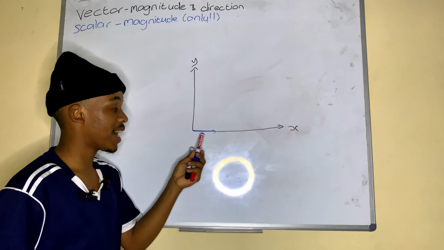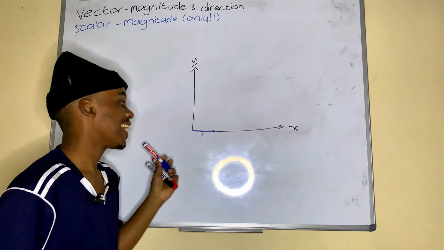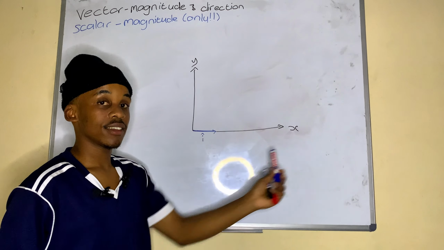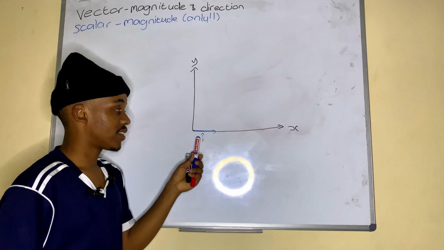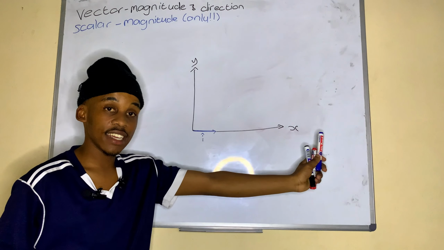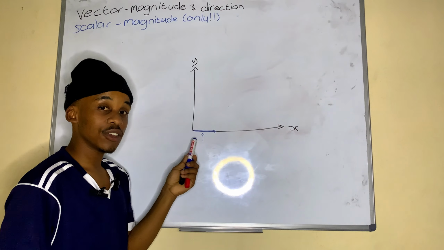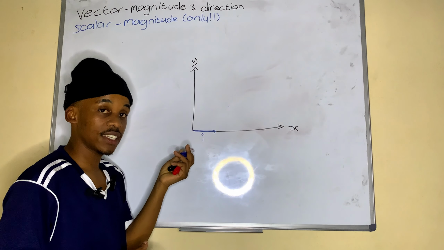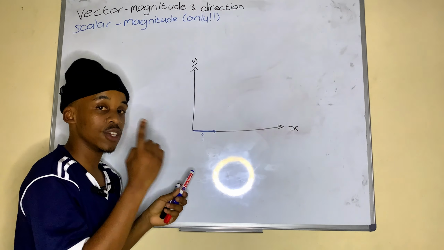This unit vector lies along the x axis. And so it shows us that the direction is along the x-axis, and since we've said that it's a unit vector, it means that its magnitude is 1.